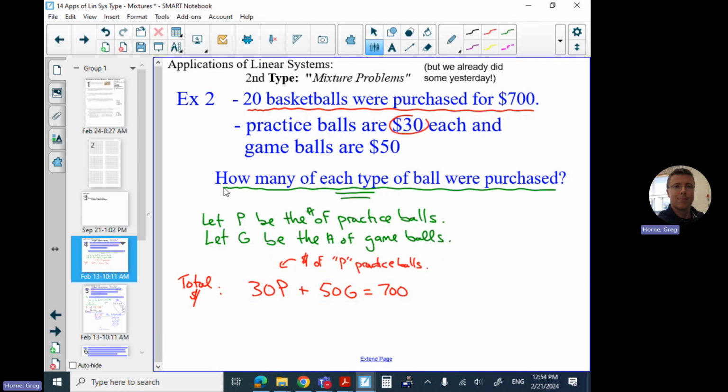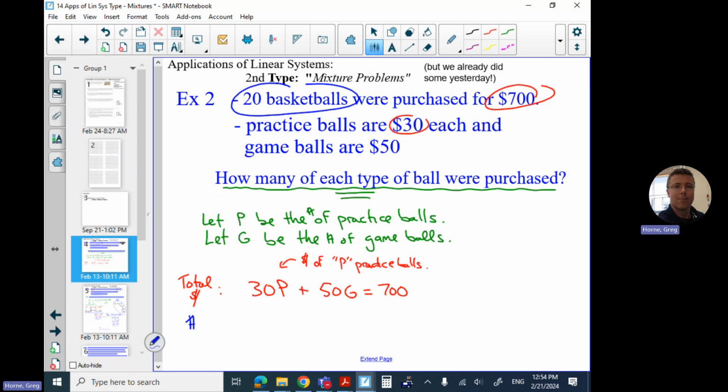All right, so the other equation, let's color code maybe that one as blue or something. We have the price was that, and the other thing we know is, I should have actually done this, total 700, so that one's basically total cost. The other one in blue would be 20 basketballs in total, and that's actually the easier equation.